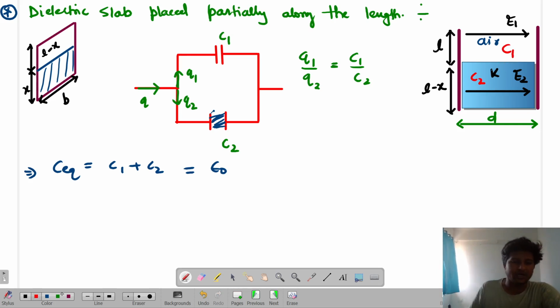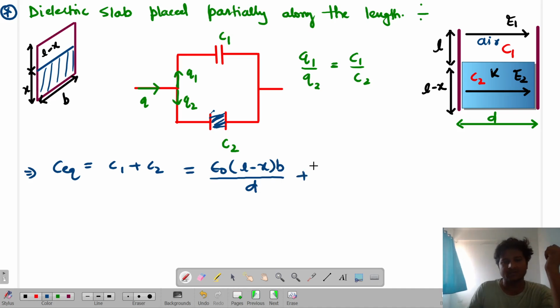So its area will be how much? Area will be (L minus x) into breadth B, isn't it? So A epsilon naught by D. This will be my formula.